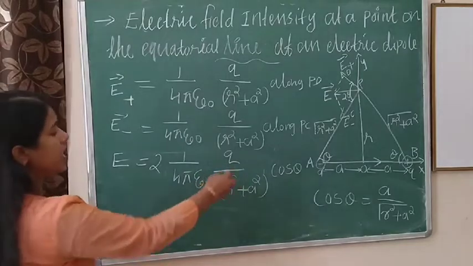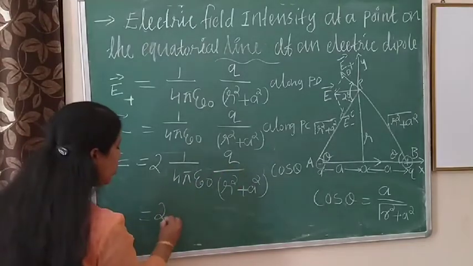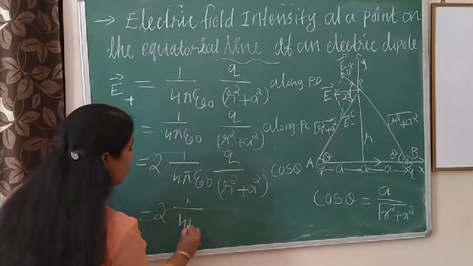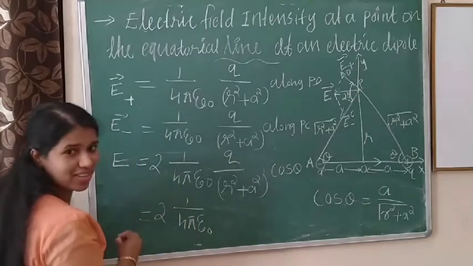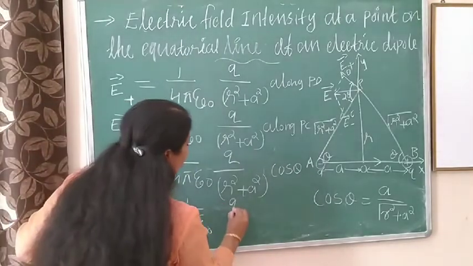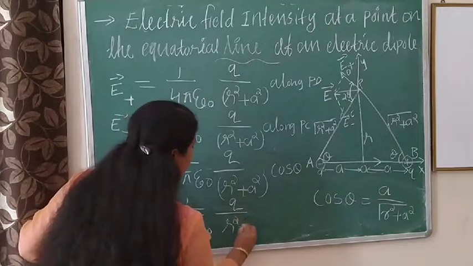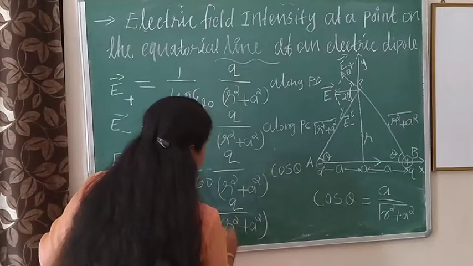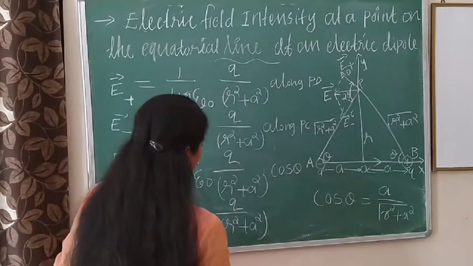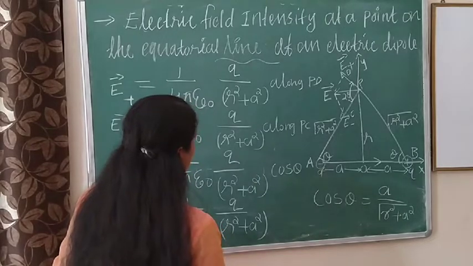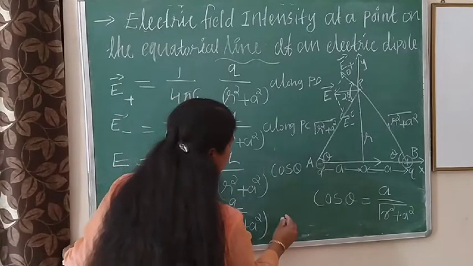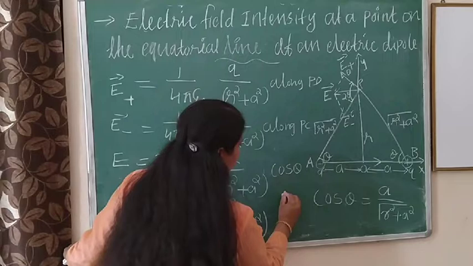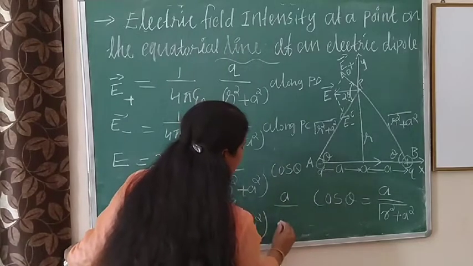Then instead of cos θ, we can substitute this: 2 into 1 by 4π epsilon naught Q divided by (R² + A²), and cos θ means A divided by root of (R² + A²).